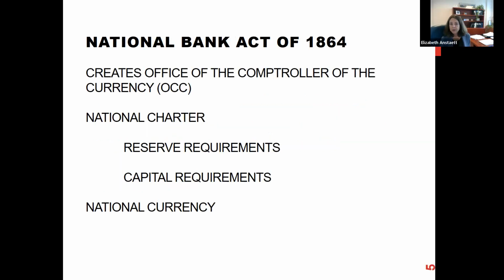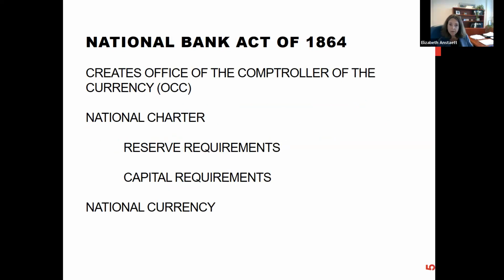So the current National Bank Act was enacted in 1864, and it created the Office of the Comptroller of the Currency. This is the agency that exists today to charter national banks. They had reserve requirements, which, as we know from Module 1, are now at 0, and they had capital requirements, which continue today, and they created a national currency.